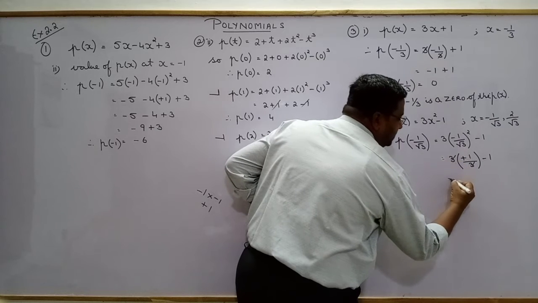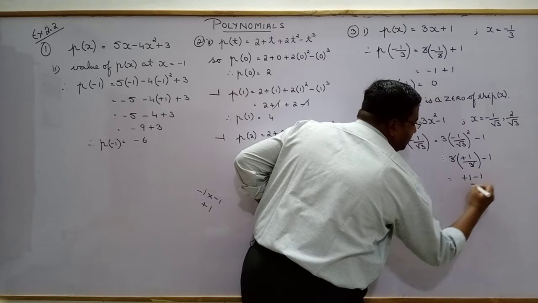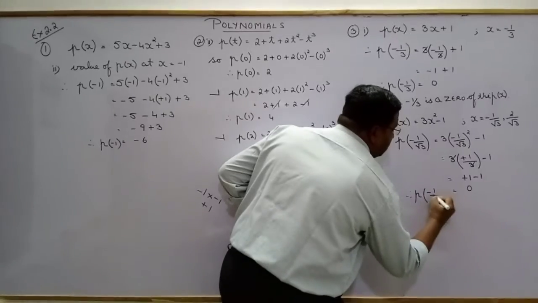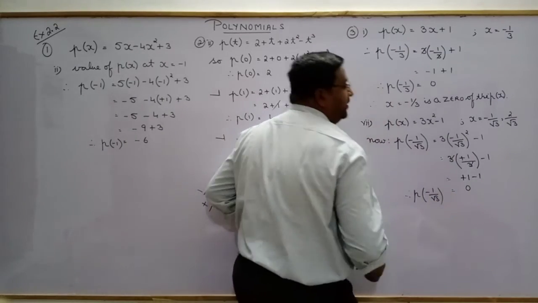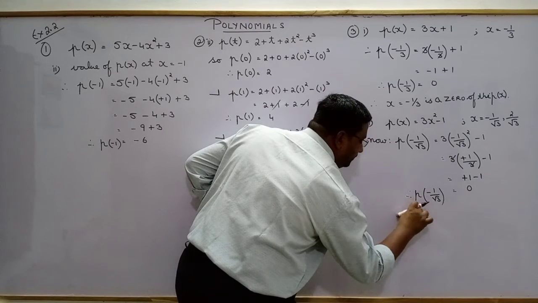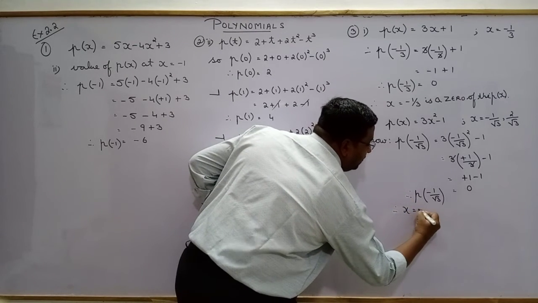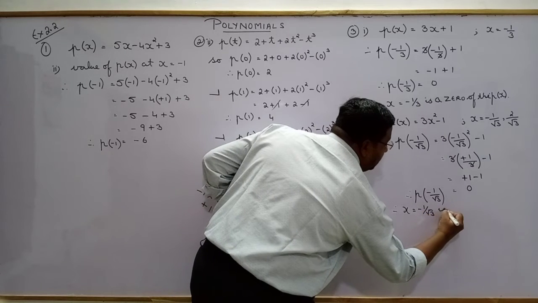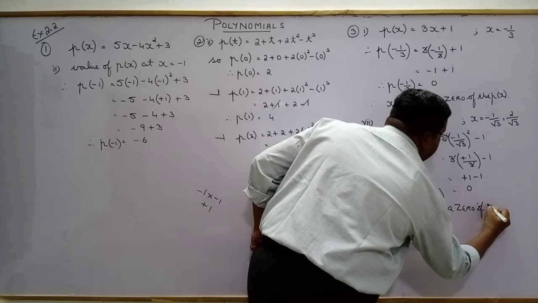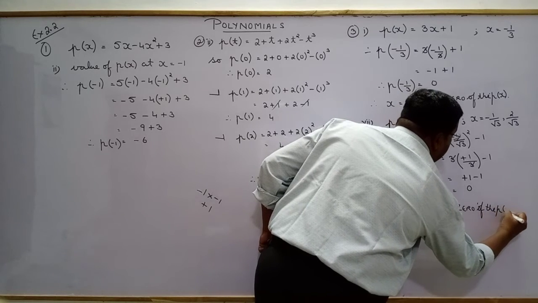So what do I get? Plus 1 minus 1. Plus 1 minus 1 is what? 0. So P of minus 1 by root 3 is equal to 0. So we can say therefore x equals minus 1 by root 3 is a zero of the polynomial.